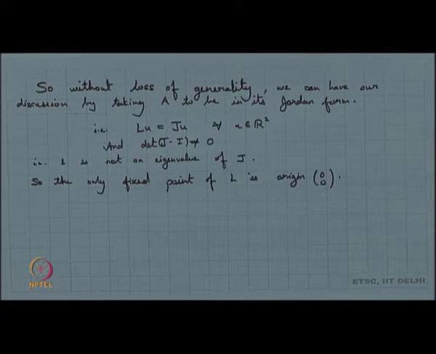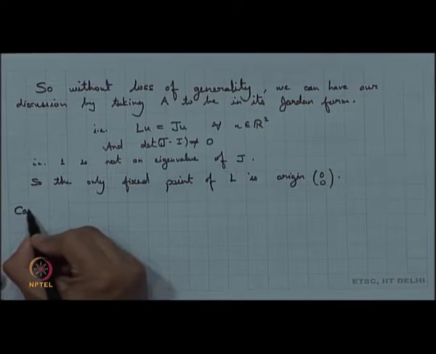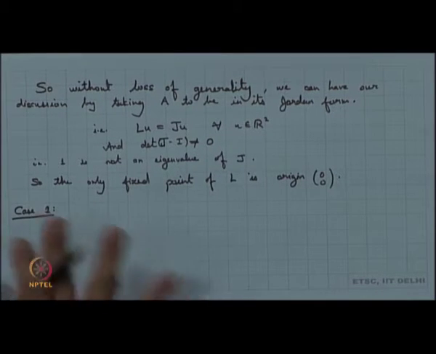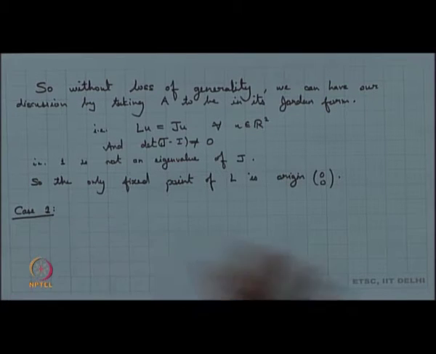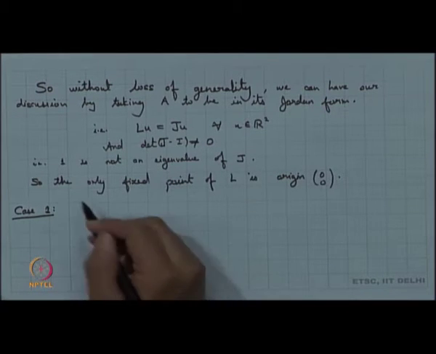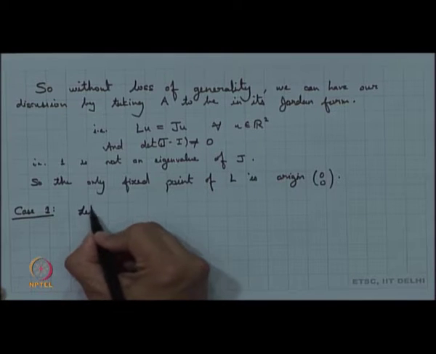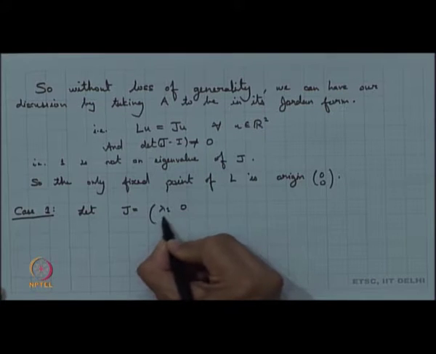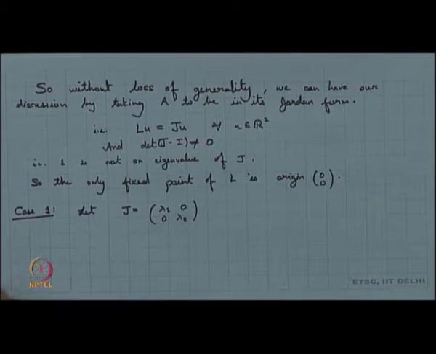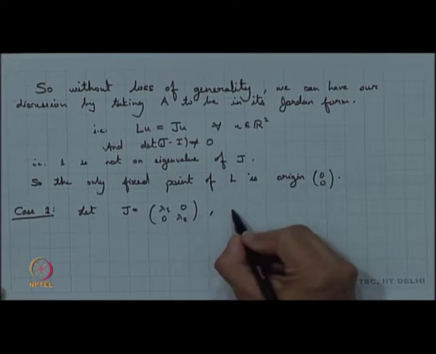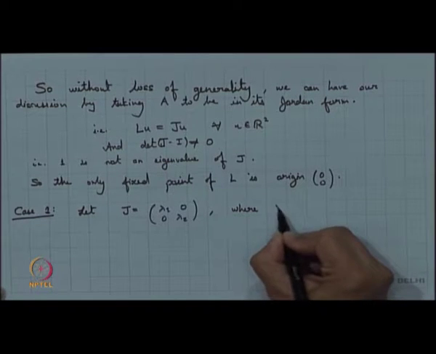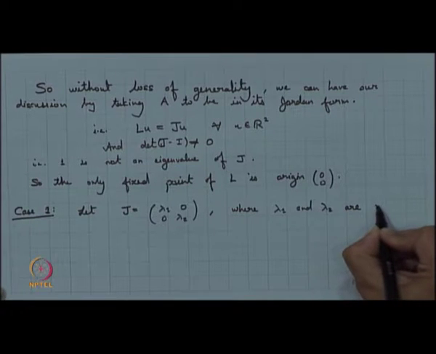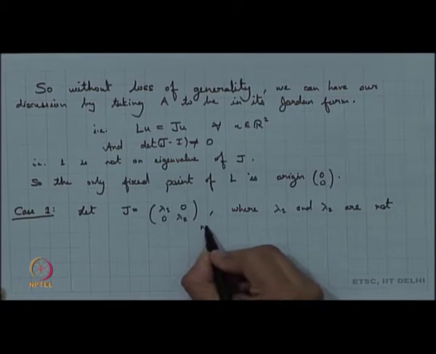So, we look into the first case. Now, since we are working with just the Jordan form, it is enough to specify what the Jordan form is and work with it. So, in the first case we let our J be of the form lambda 1 0 0 lambda 2, where lambda 1 and lambda 2 are not necessarily distinct.